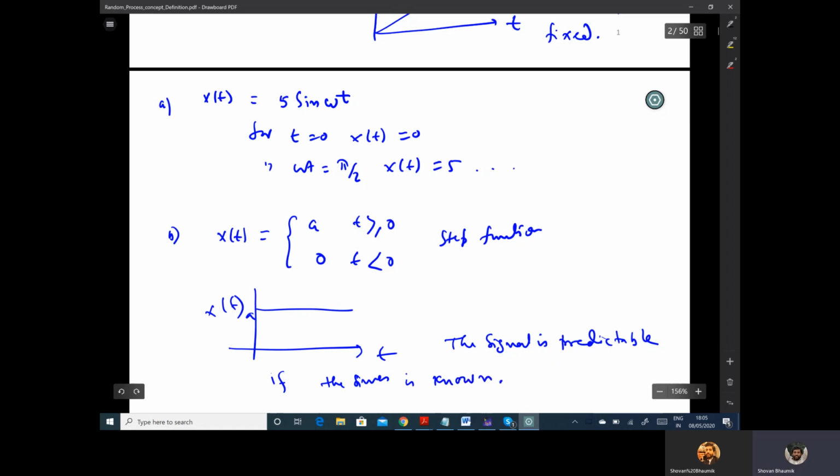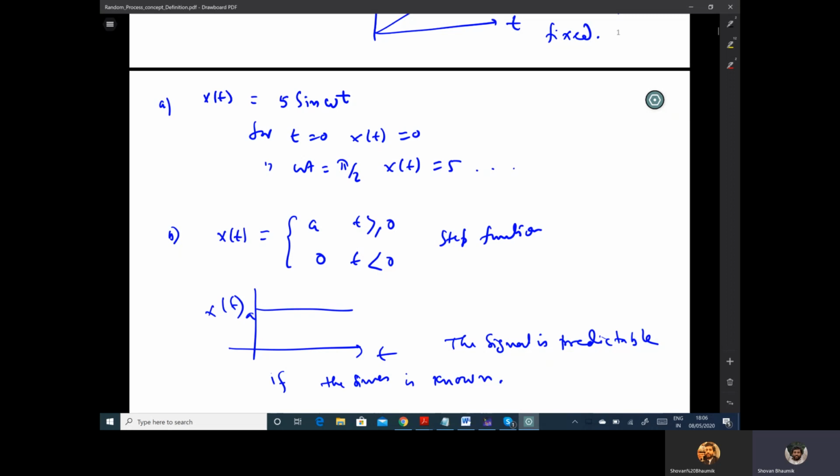If the time is known, we know what the signal will be. This is the beauty of the deterministic signal, and this is the reason that deterministic signal processing is quite easy, because we know what signal is coming. It is changing with time, sorry, I should not say it is not changing with time. It is changing with time, but at some particular time, the value is fixed.